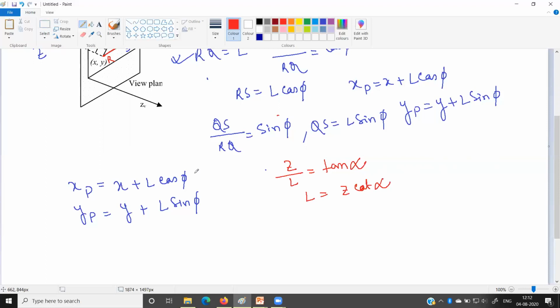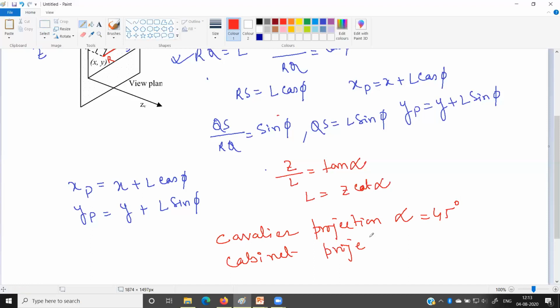But in case of cabinet projection, the value of alpha is near about, it is not equal to, it is near about 63.4 degree. You can prove it. Okay.